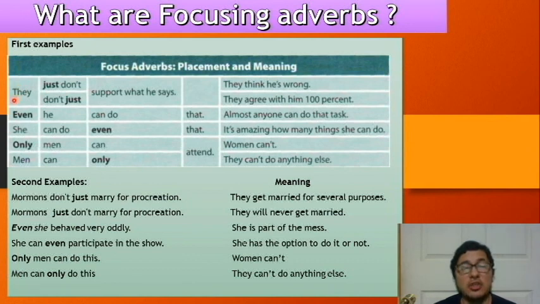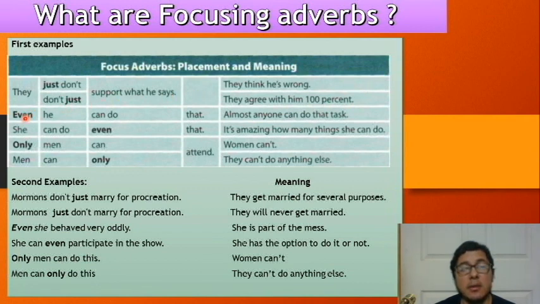They just don't support what he says. In this case, the meaning of the sentence is that they think he's wrong. Let's see this one: They don't just support what he says. The message here is that they agree with him 100%.